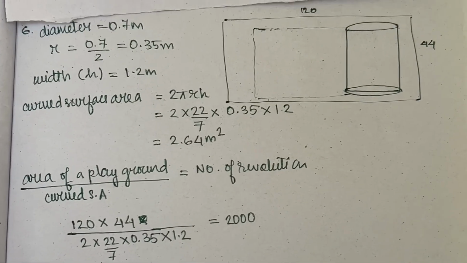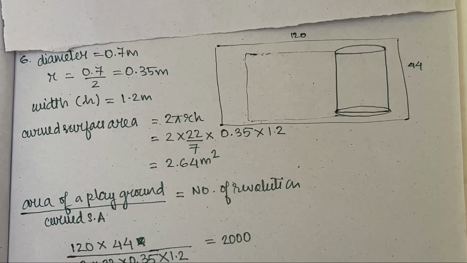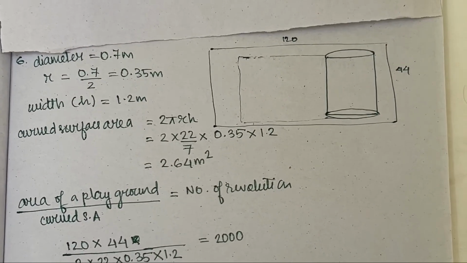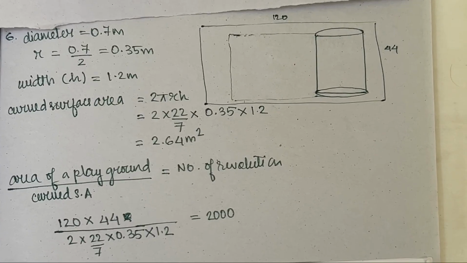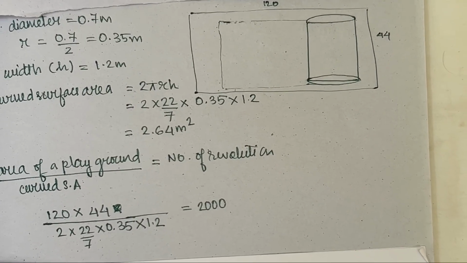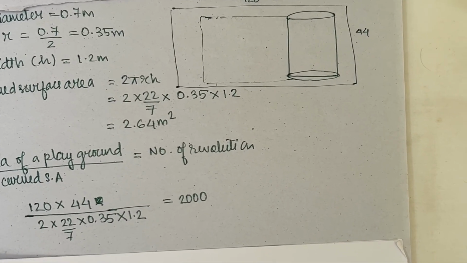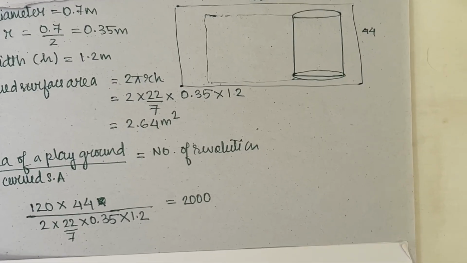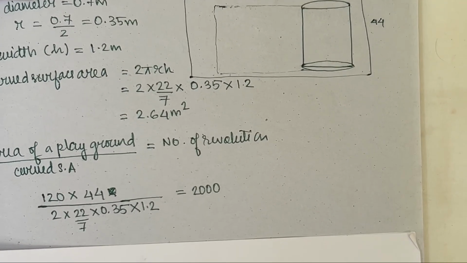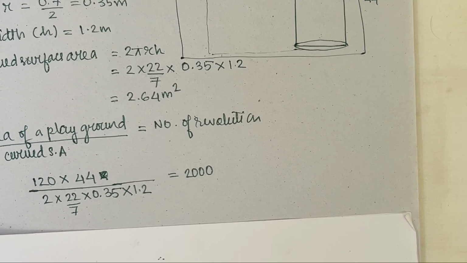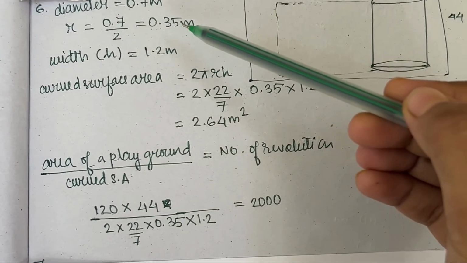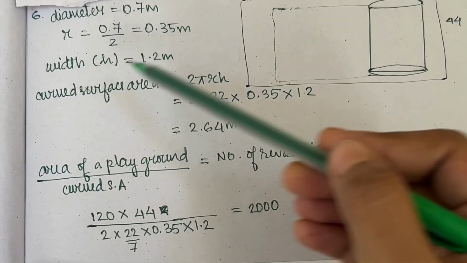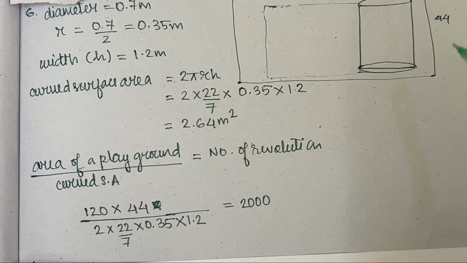For sum number 6, a road roller in shape of a cylinder has a diameter 0.7 and width 1.2. Find the least number of revolution the roller must make in order to level a playground of size 120 meter by 44. Now we know the diameter, so we can take out the radius. Width is given as 1.2.